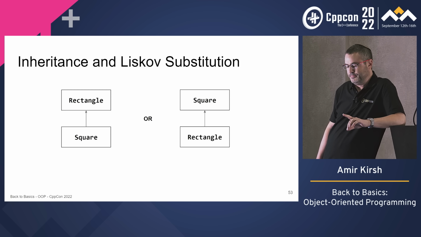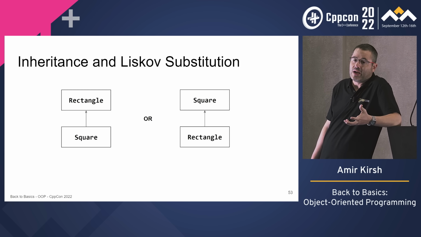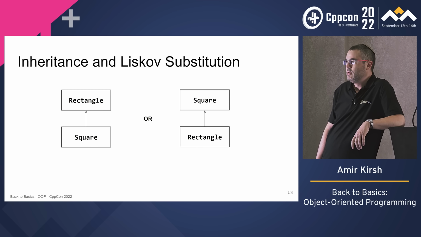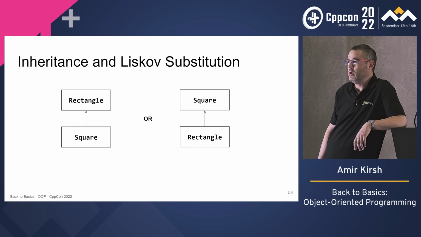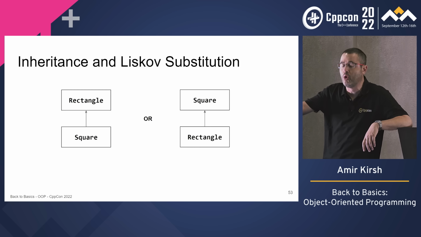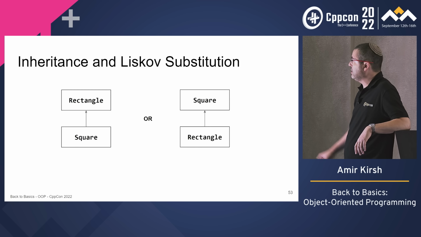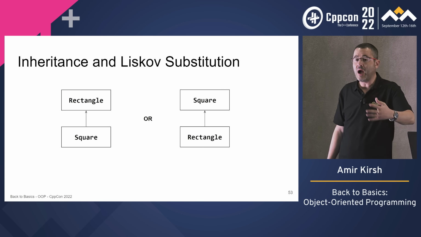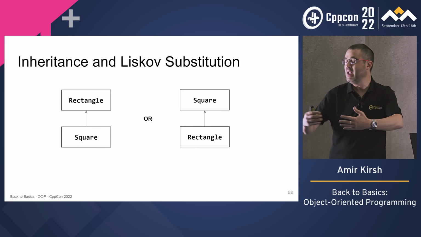Well, rectangle has a width and height, and square has only one. So it makes sense that maybe square would be the base. On the other hand, square is a rectangle, and rectangle is not a square, which is the more important part. The more important part is the Liskov substitution principle, which says that the derived class should be able to replace the base.